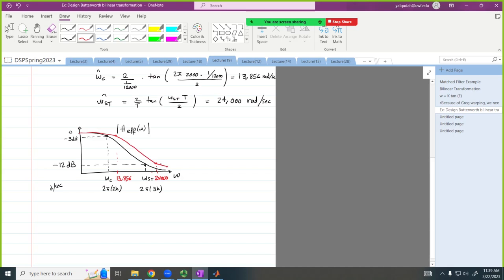Why? Because after we take it through the bilinear transformation, this is going to get warped. After it's warped, it's going to look like this. Make sense? Okay.